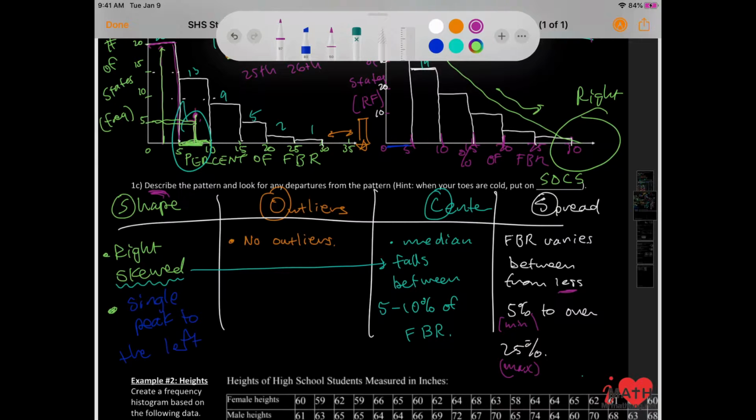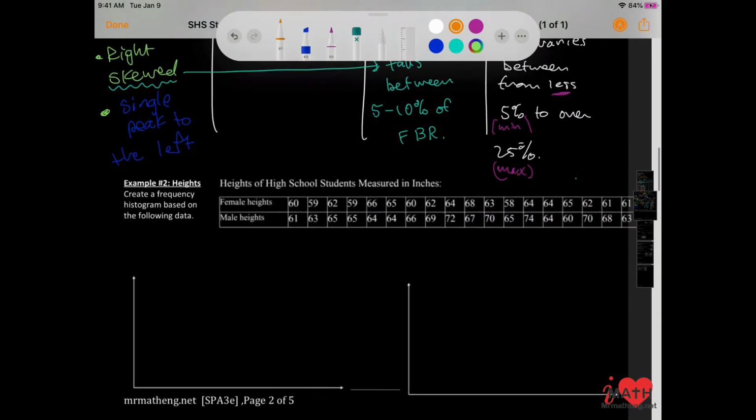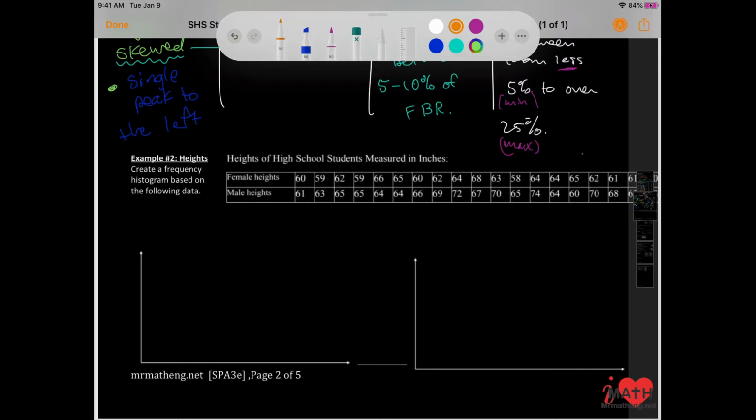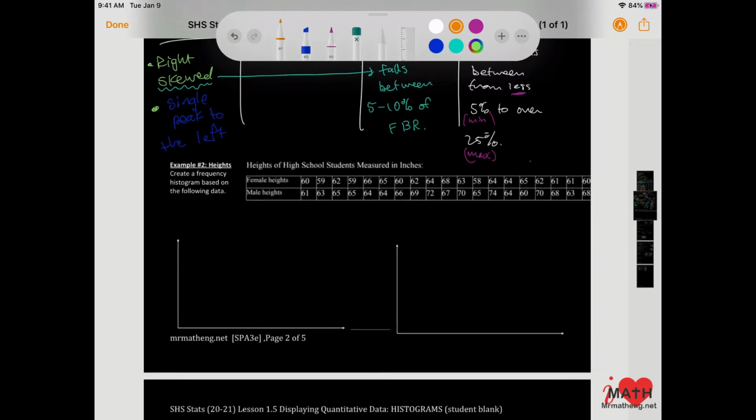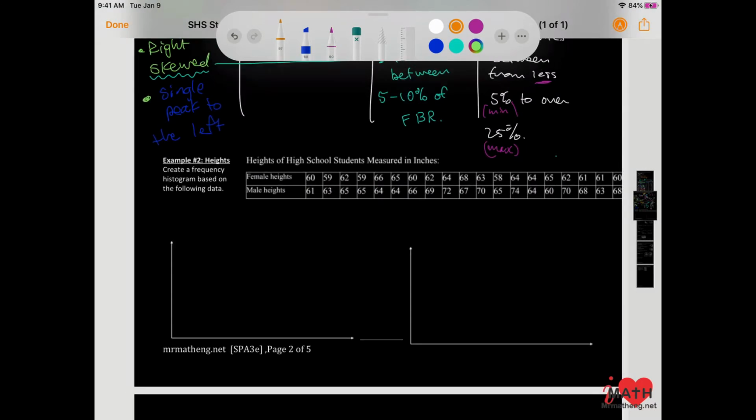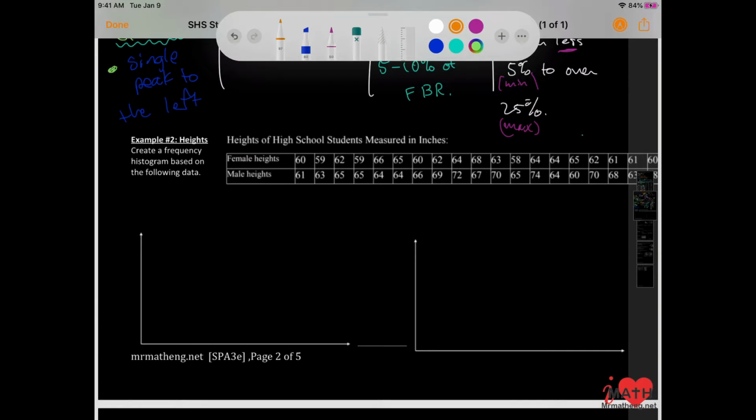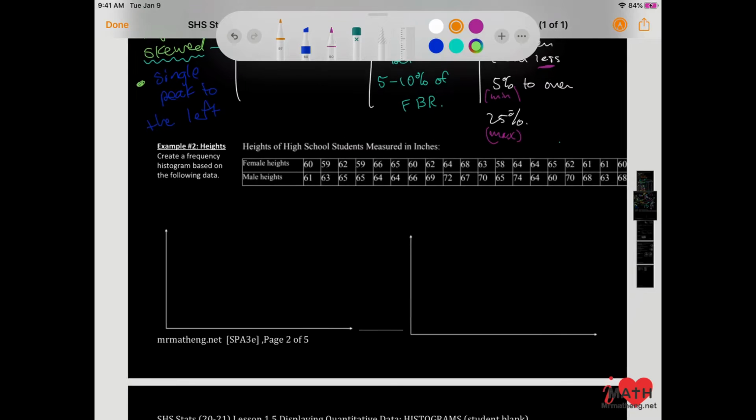All right, let's go on to the next one. Create a frequency histogram based on the following data. So there's the males and females again. Let me make sure I have all that data there. Yep, 68 is the most.